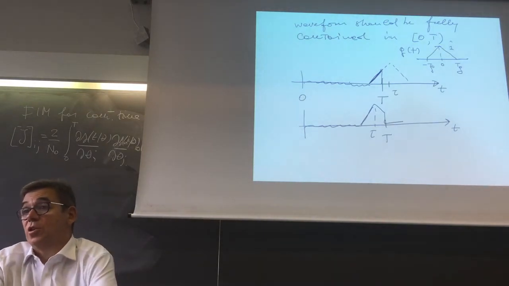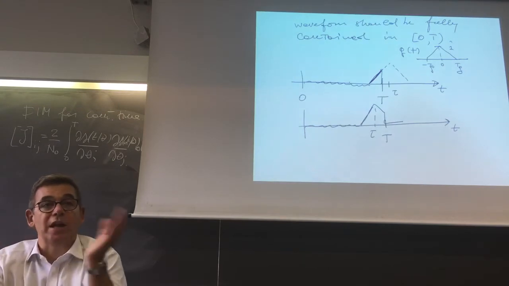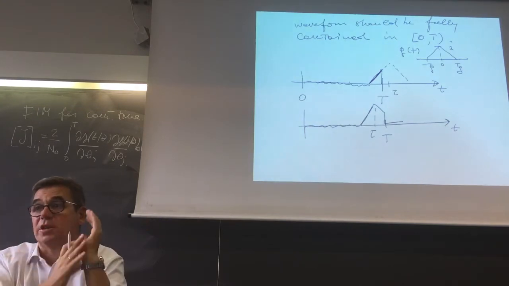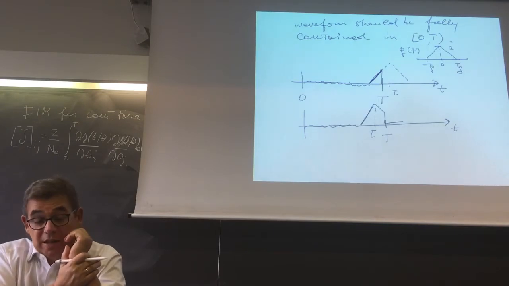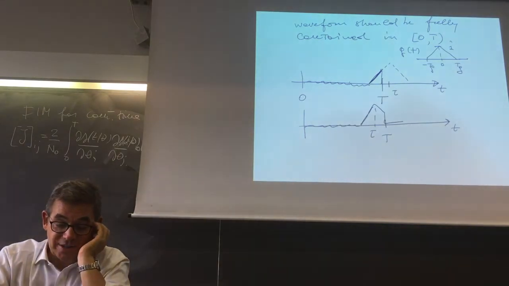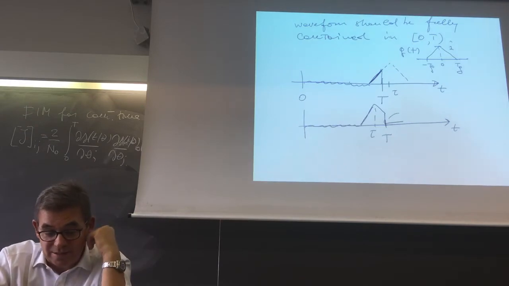And so, what I do is I'm assuming that the waveform is fully contained, which means it's completely included in 0 to capital T. If it is not included, it looks as if there is a missing part.